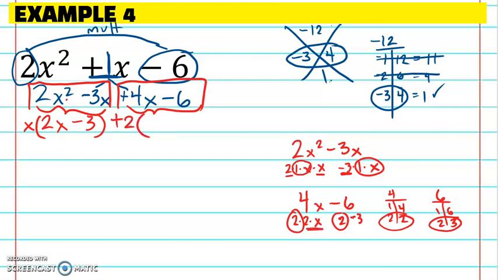And then what's left? I have to multiply 2 times 2x so that I get back to 4x. And then 2 times negative 3 so that I get negative 6.